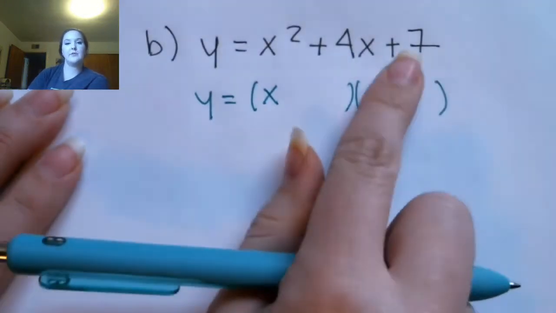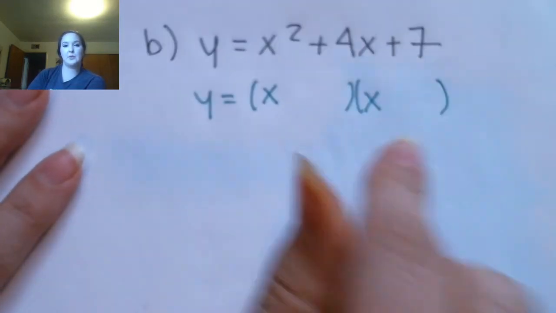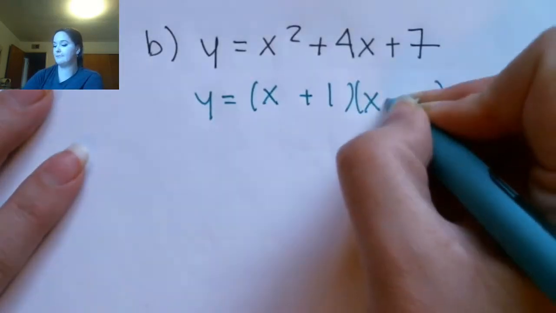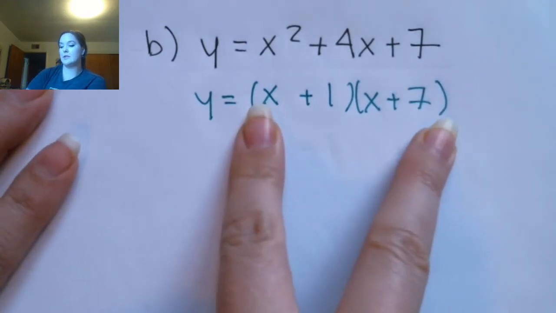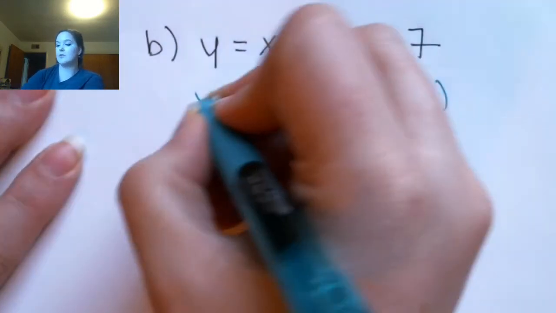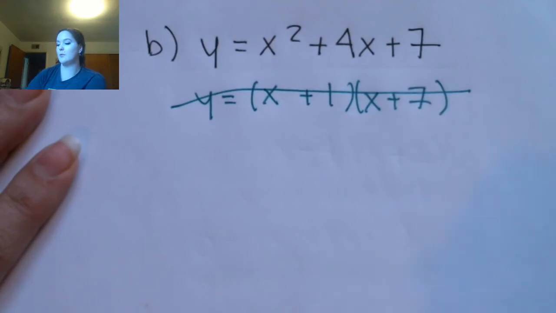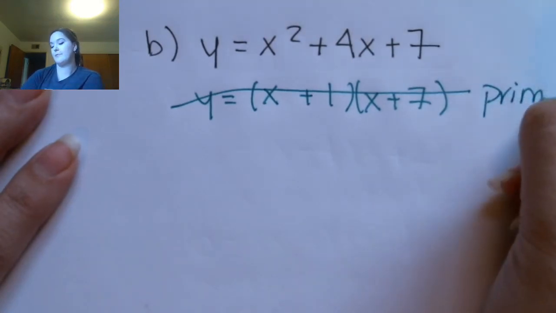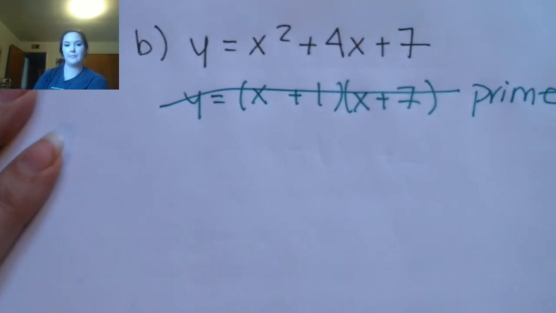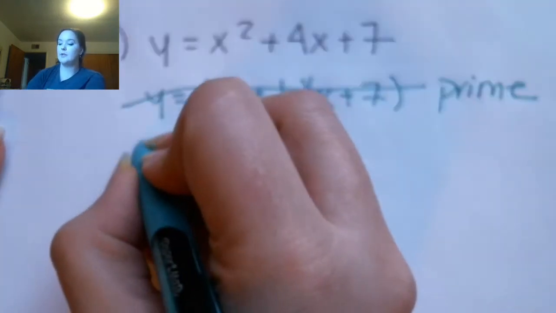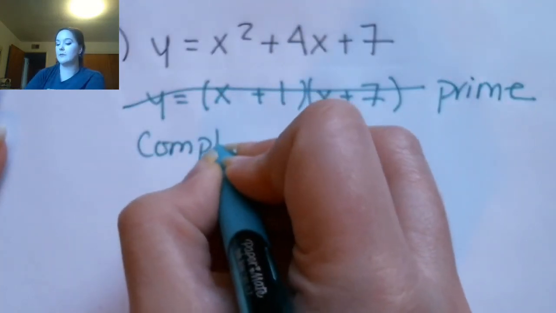I'm looking for things that multiply to 7, so it's really just 1 and 7. 7 plus 1 is 8. Those don't add to 4, so that's not going to work. It's prime. So what I'm going to do now is complete the square.